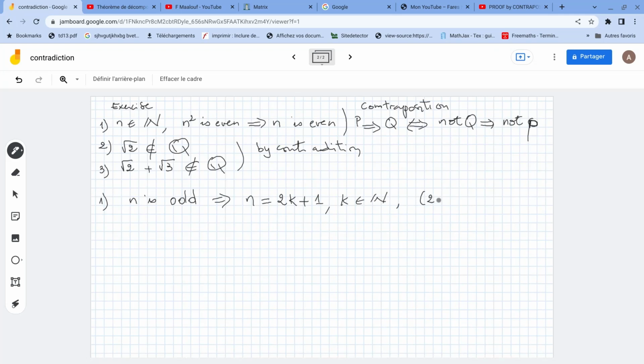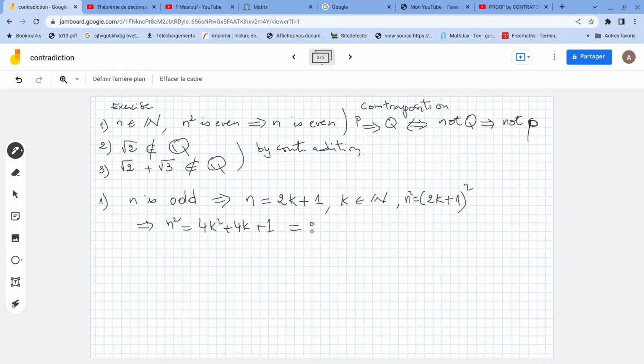By squaring, I obtain n squared is (2k plus 1) squared, which implies that n squared equals 4k squared plus 4k plus 1.